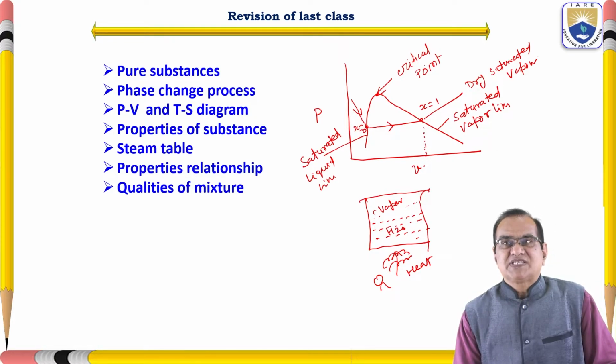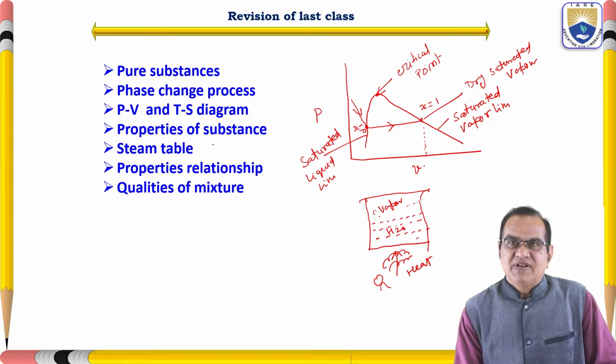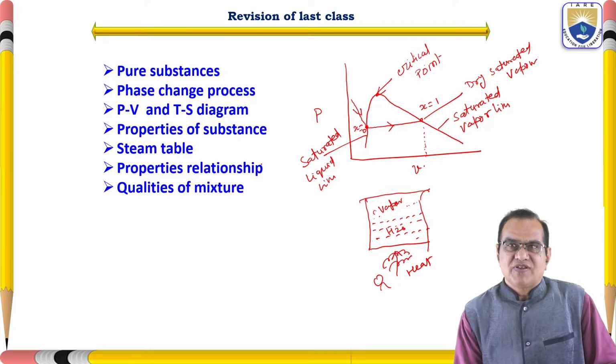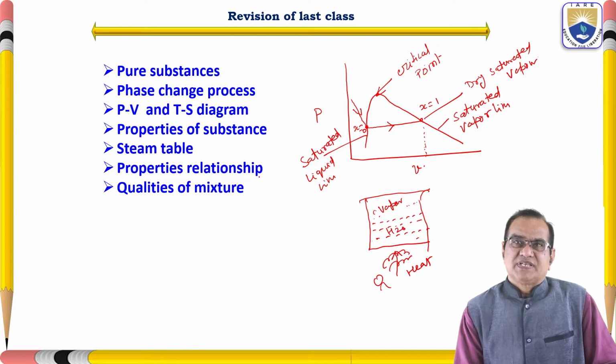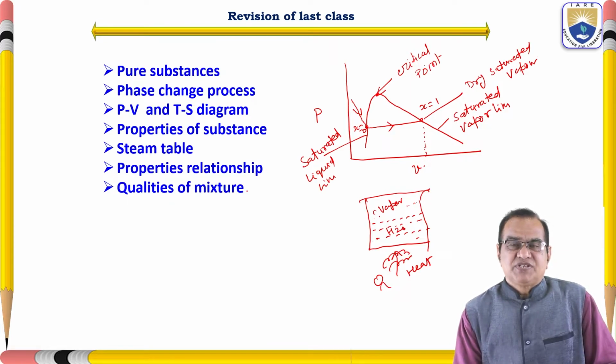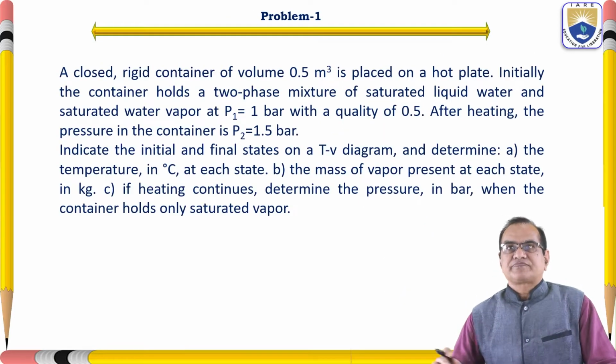All these parameters we can see in a steam table, which we have already seen in my last class. And there are some property relationships we have seen, how these things vary, and we have derived the equation for the quality of the vapors and the quality of the mixture in my last class.